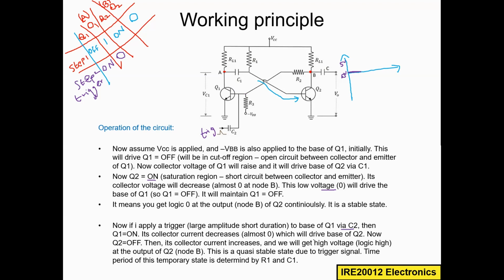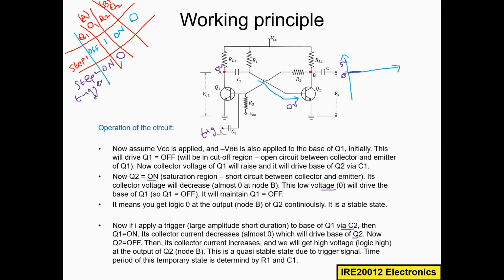Its collector current decreases, which will drive the base of Q2. So now what will happen? Here we already said the voltage is 0. This 0 volt will drive the base of Q2. 0 volt cannot maintain the on condition at Q2, so immediately there will be an open circuit and no current conduction.